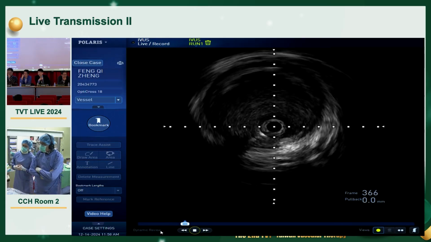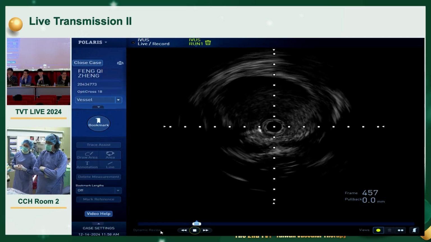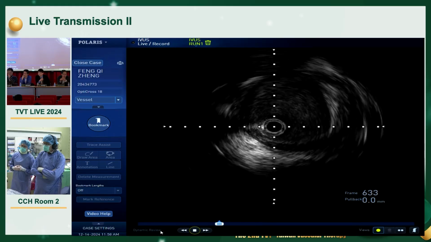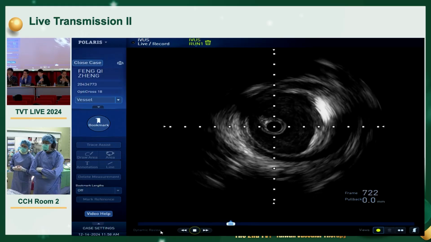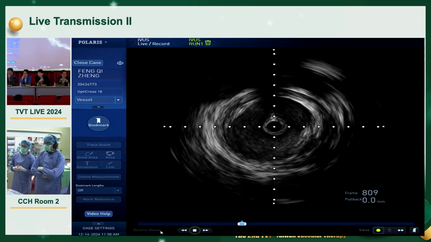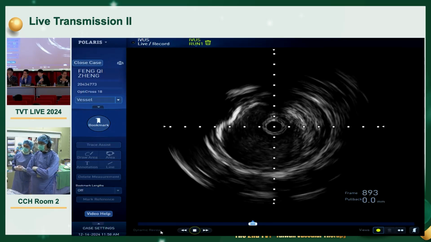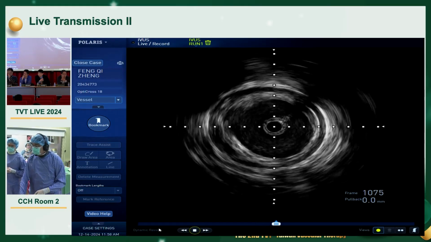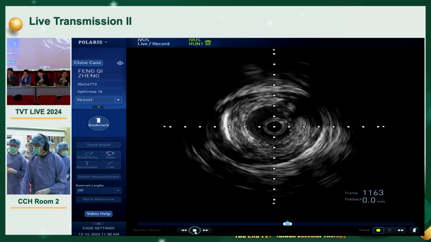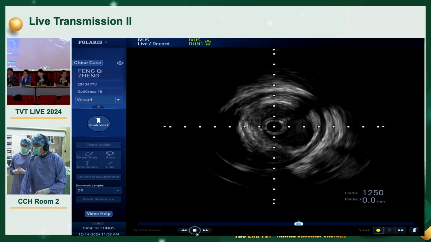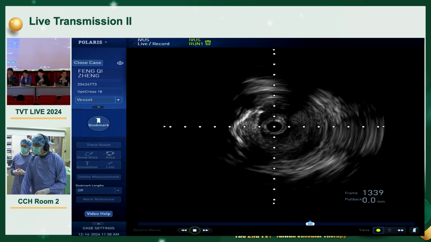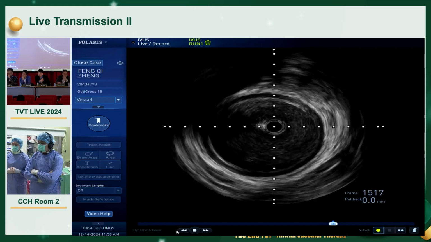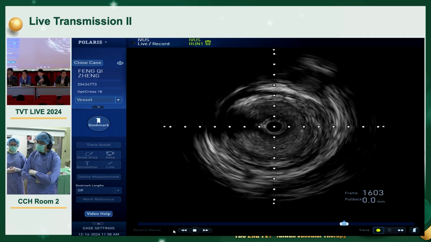The vessel diameter is about 6 to 7. At the distal femoral artery, there is more atherosclerosis and calcification, and a nearly total stenosis.